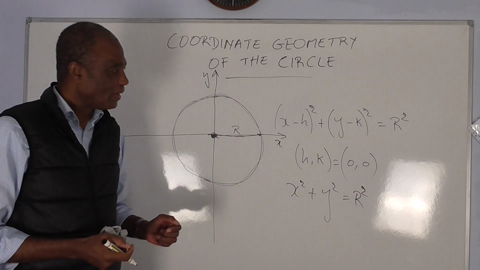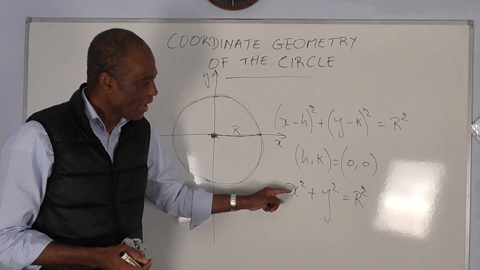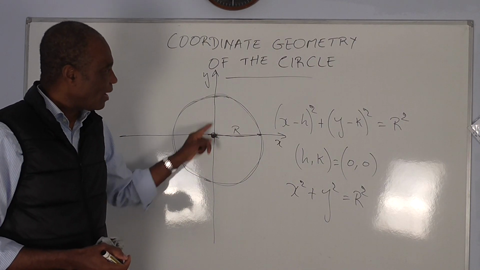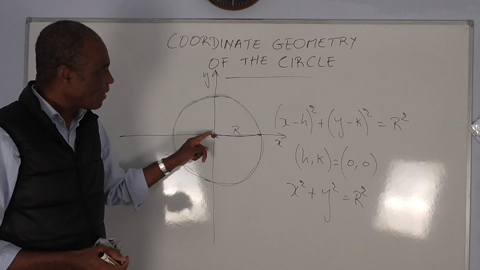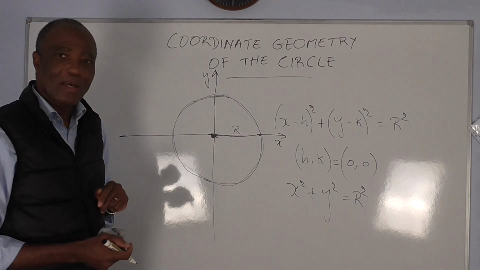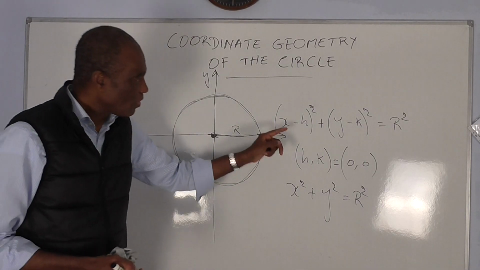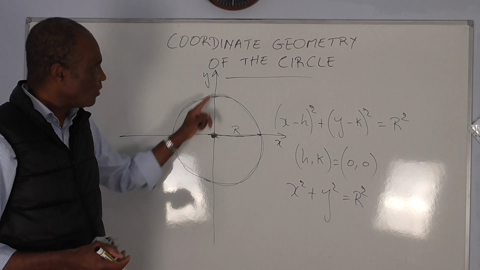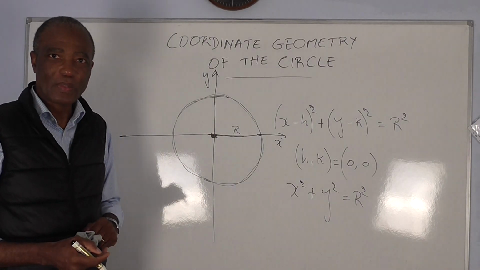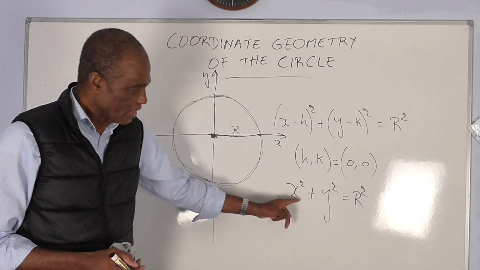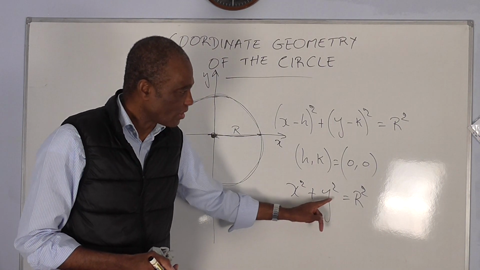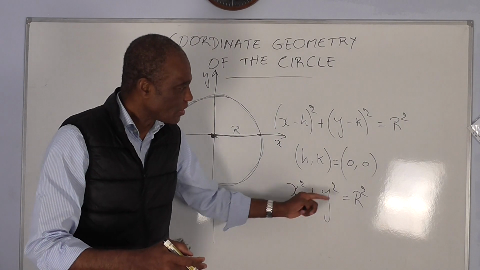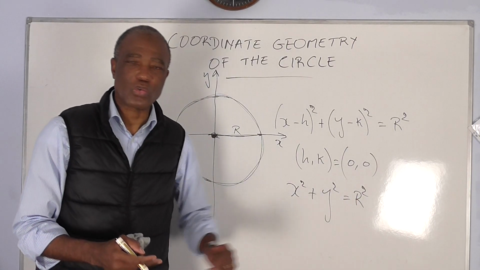So this is the case where the center is located at the origin of the axis. If the center of the circle is at the origin of the axis, then we have x squared plus y squared is equal to radius squared.